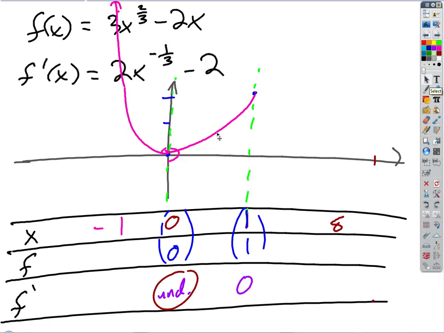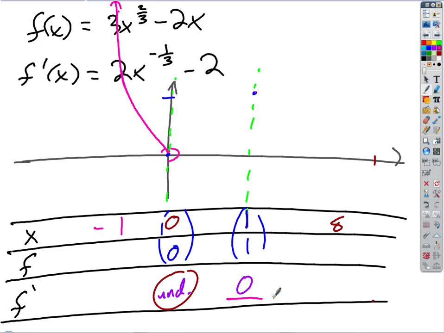Let's go back. There we go. Let's try this again. So this one should probably do something more like this, right? It's got the jagged corner. This one's going to be horizontal though, isn't it? This is a horizontal tangent.